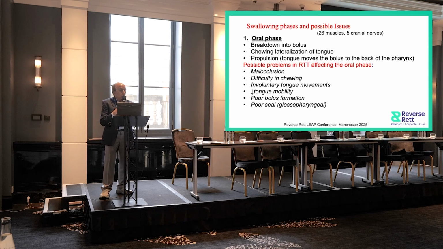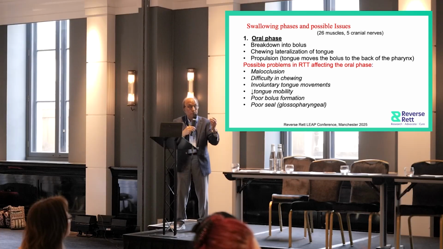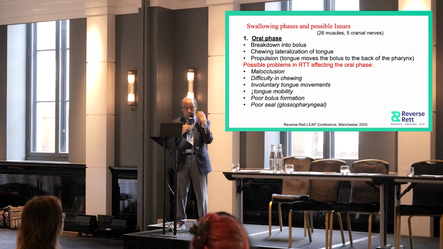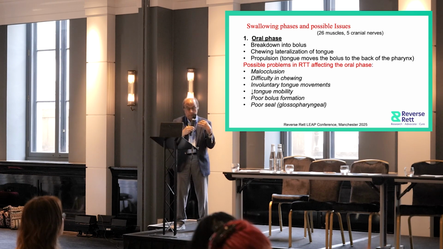So the oral phase, the mouth phase: food is broken down into the bolus. Your tongue is controlling the movement of this bolus to one side, the other side. Then it is pushing the bolus into the back of the throat or the pharynx.